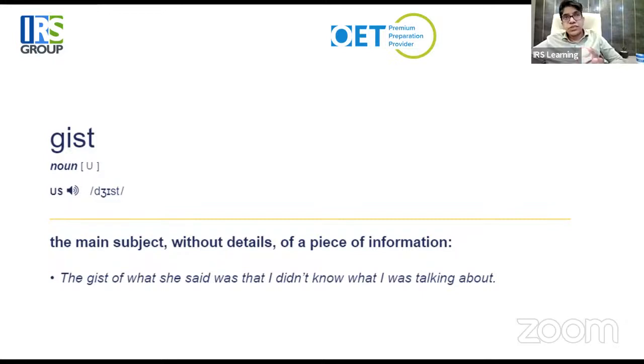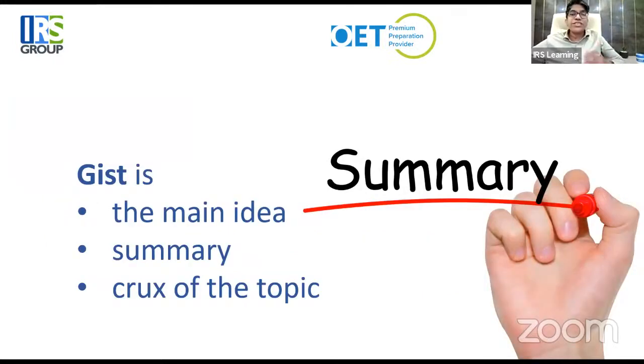So this is important because a lot of questions will revolve around your ability to identify the gist of a text. So remember, gist is a summary, the main idea, and the crux of the topic. So if you have a text, gist should reflect what is the core idea of this text.